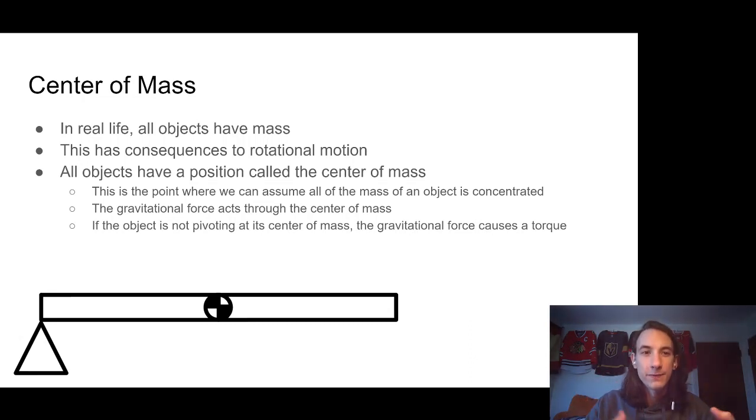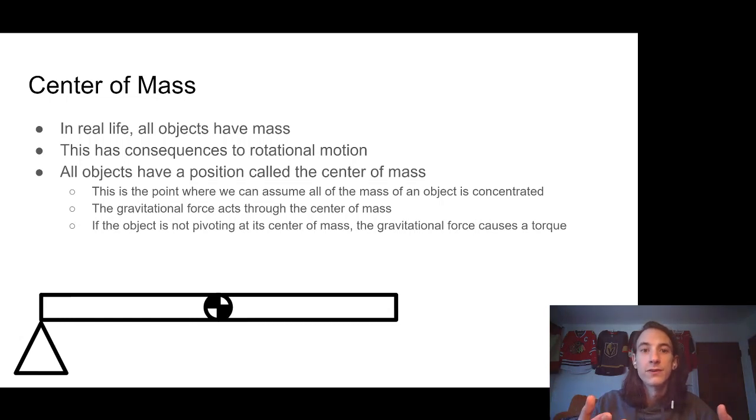But in real life, objects have mass, and this has a lot of consequences for our rotational motion. All objects have a position called their center of mass, and we can assume this is a point where all of the mass is concentrated. So if you support something through its center of mass, that's all you need to do to lift this object up.